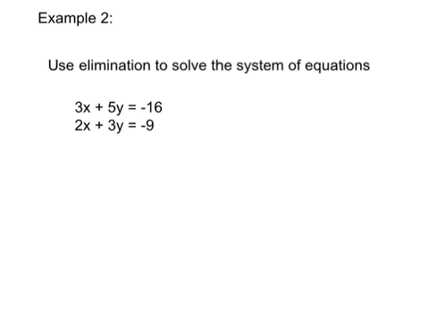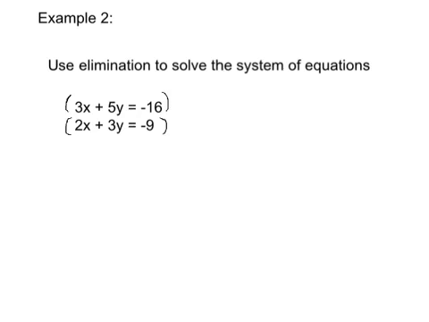Let's try another one. So I have two equations here. Notice neither coefficients matches with an opposite sign. Our goal is to have the same coefficient and opposite sign. I have a 3x and a 2x, not the same, not opposite signs. 5y and 3y, not the same. So what we do is multiply your first equation and multiply your second equation by coefficients, because our goal is to get the same coefficient, opposite sign.